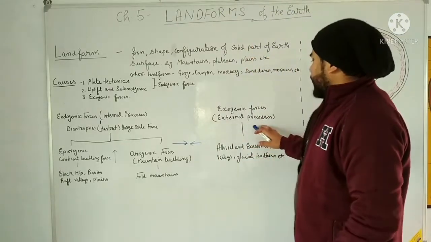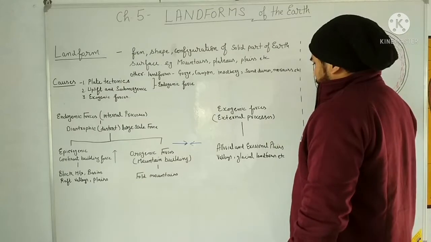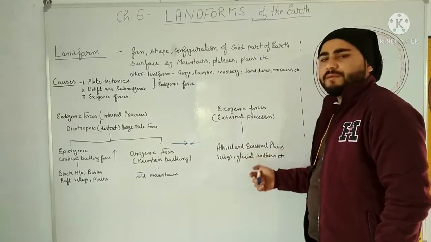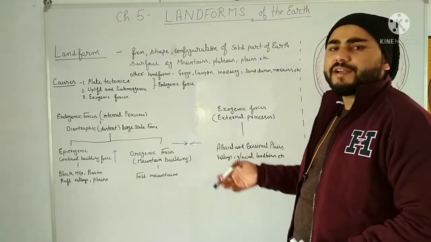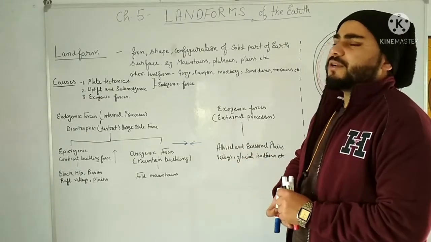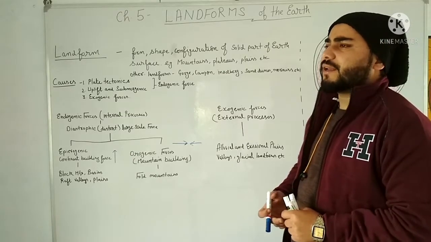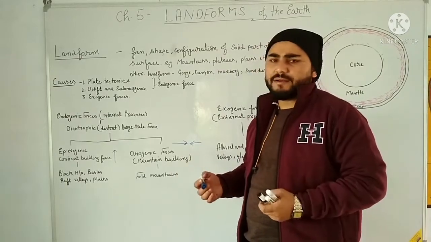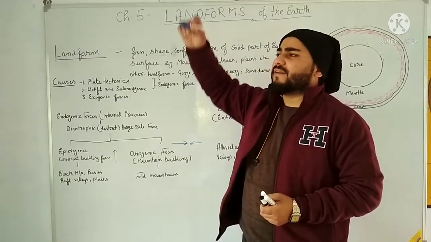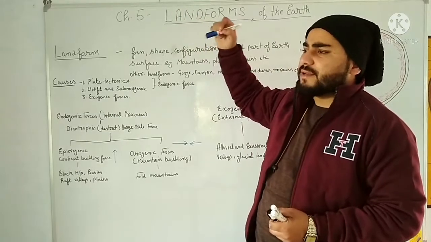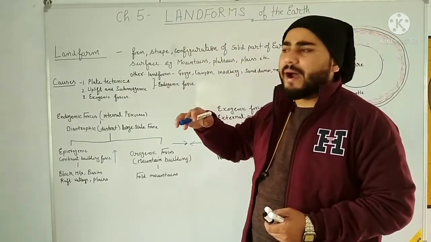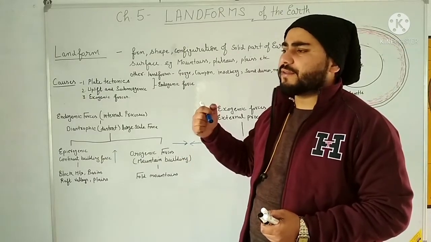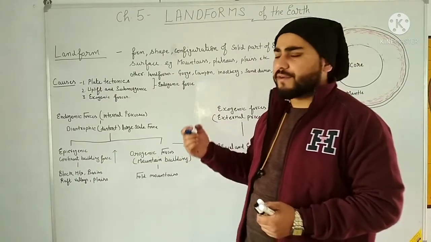Then exogenic forces are the forces which apply outside. I have already told you, external forces. These forces are responsible for the erosion of already created landforms. Like mountains are created by the endogenic forces. Once a mountain is created, then what happens? The elevated land is leveled down by erosional agents like air, glaciers, and even rivers.